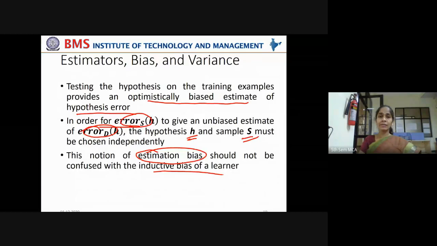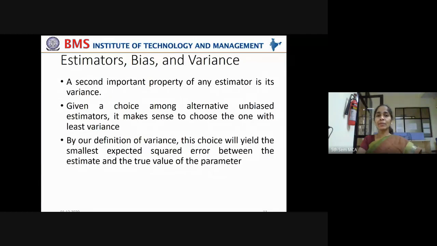Did you understand? Now, a second important property of any estimator is variance. Given a choice among alternative unbiased estimators, it makes sense to choose the one with least variance. Common sense, right? Whenever you're given some estimators, which one do you choose?